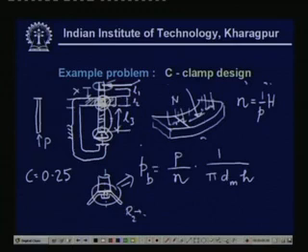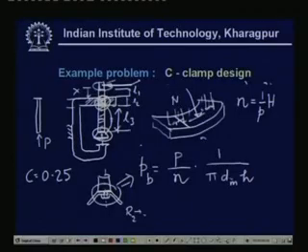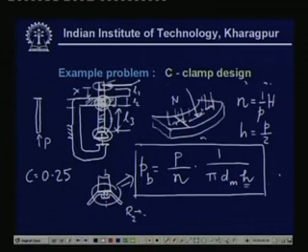Now, this bearing pressure must be as low as possible, because depending upon the pressure the wear and tear will take place, and this is detrimental to the life of the screw and the screw may get damaged. So, therefore, P b is one thing which we have to control, and that could be done by selecting the h. Again, for a square thread, h is nothing but P by 2, and hence we have to check this P b such that it becomes less than some allowable bearing pressure.